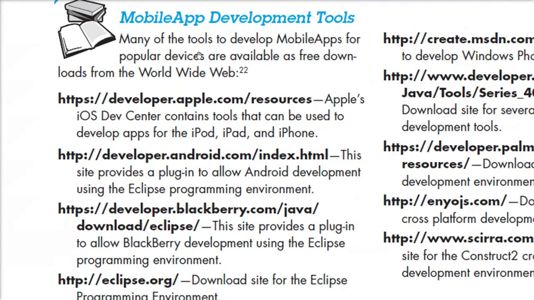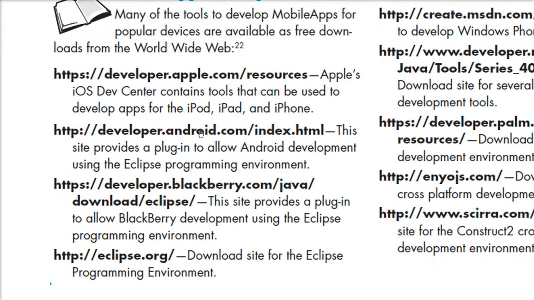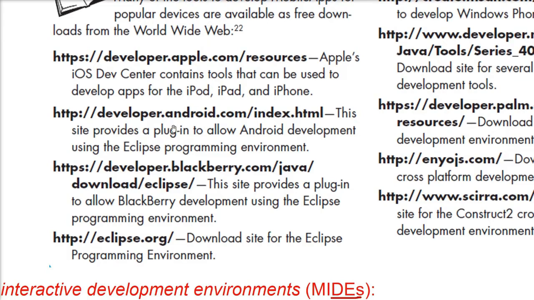There are various tools to develop mobile apps. There are various popular tools and you can freely download these from the internet, the World Wide Web. For example, developer.apple.com, the Apple iOS Development Center, contains tools for iPod, iPad, iPhone.